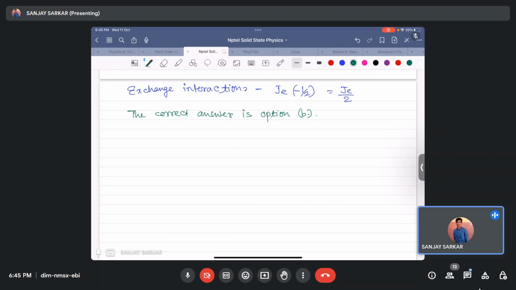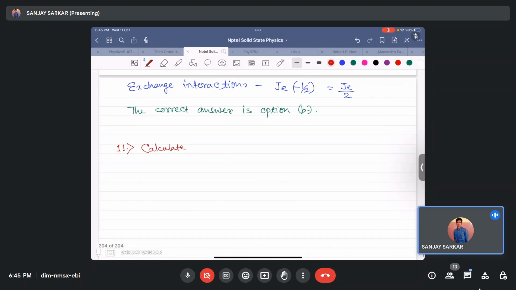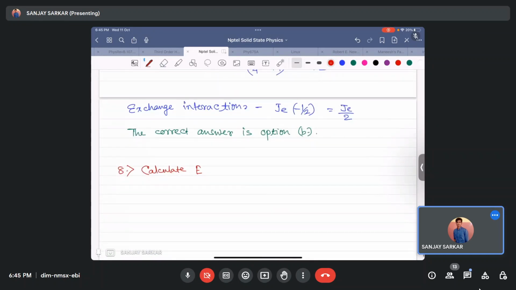Then there is another short question. Using the electron configuration, you can calculate these also. So calculate effective number. Question number 8, 9, 7.